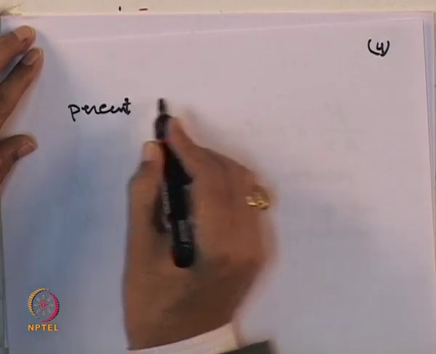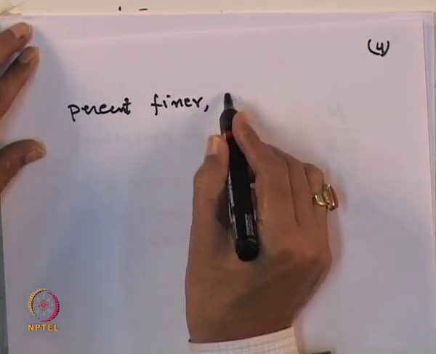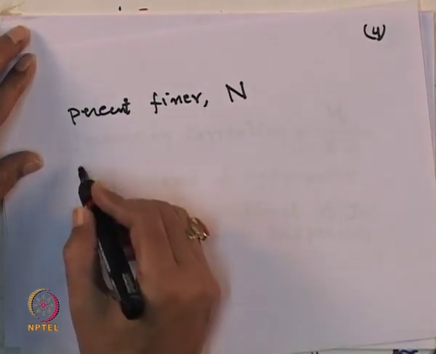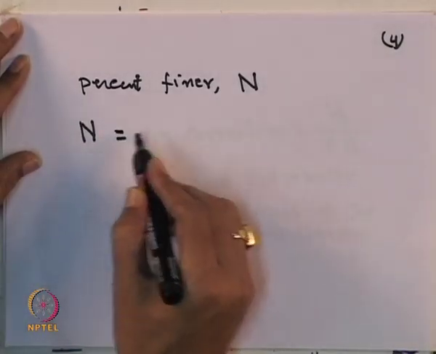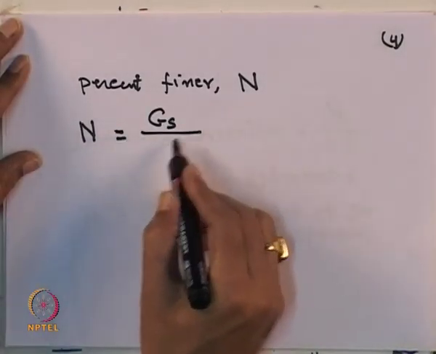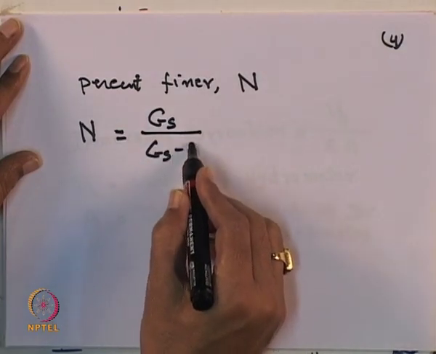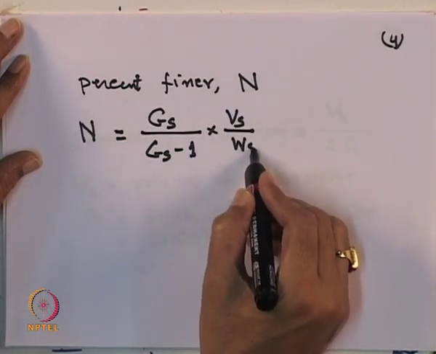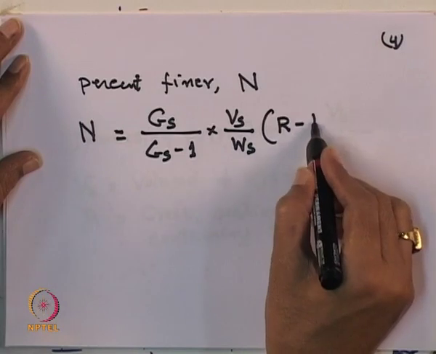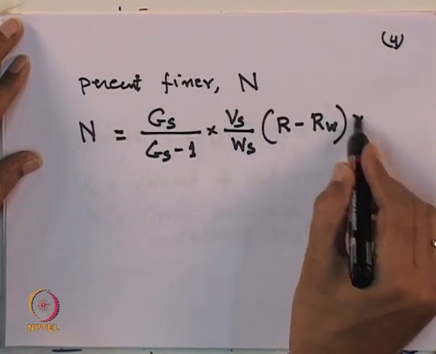You can also calculate the percentage finer, N. So the percent finer N can also be determined with this equation: N is equal to Gs divided by Gs minus 1, into Vs divided by Ws, into R minus Rw, this into 100.